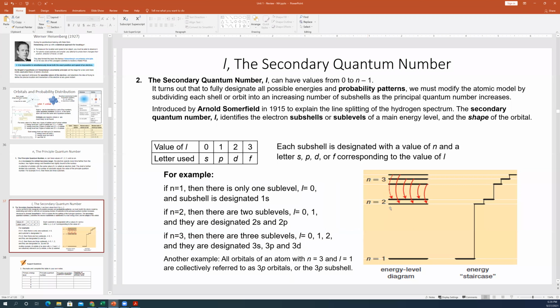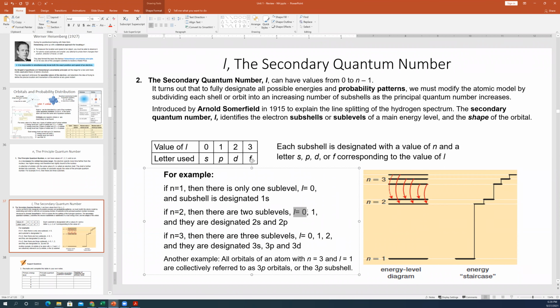When n is equal to 2, L can have a value of 0 to n minus 1, and 2 minus 1 is equal to 1. So L can have a value of 0 and 1. That's why there are 2 sublevels here.